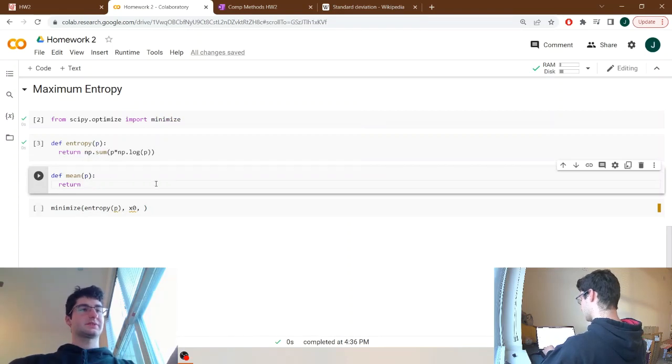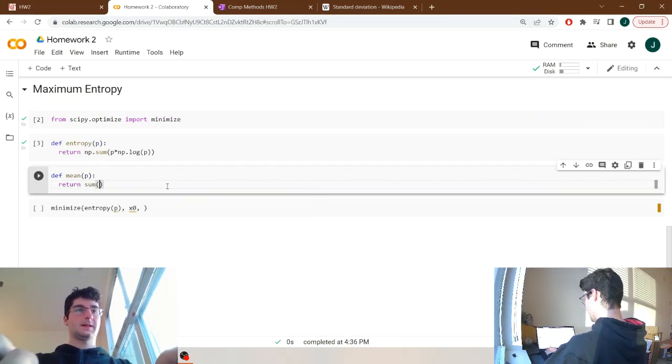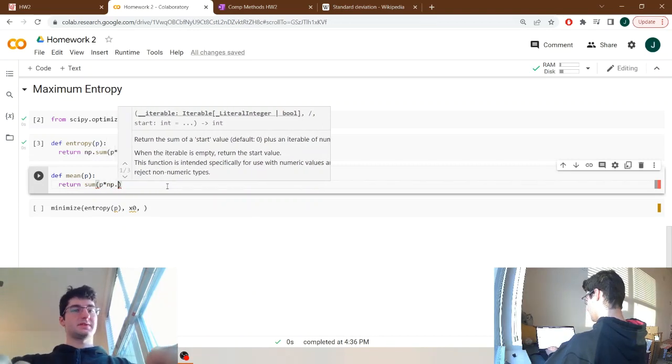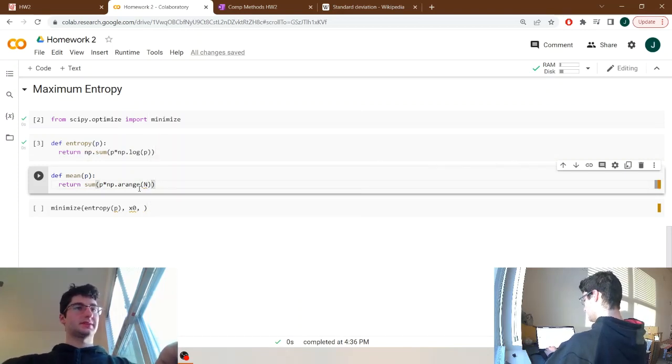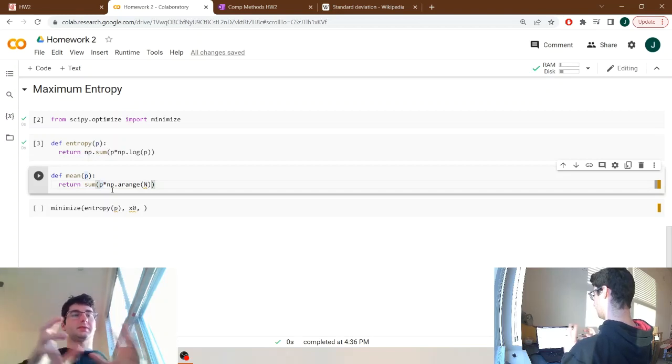Okay, so this mean is constraint 1. For the mean, we're going to want to do probability times n. So what we want to do is sum up our probabilities at each interval, at each n, and the sum of the probabilities times n should equal our mean, right?